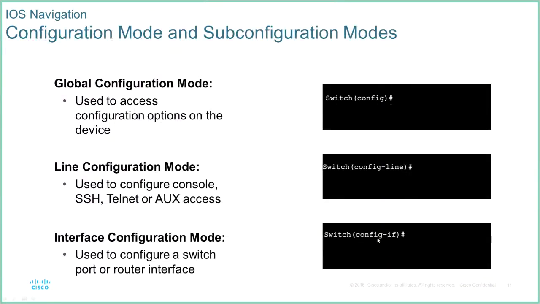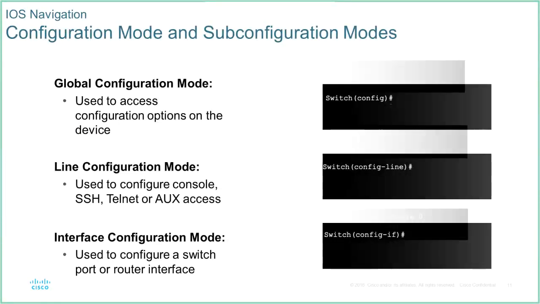Then when we want to actually configure the ports that devices plug into the switch or the router, we need to go into our interface configuration. So we've got IF to say that. That's where we would configure our gigabit interfaces or fast Ethernet interfaces with specific configuration points.